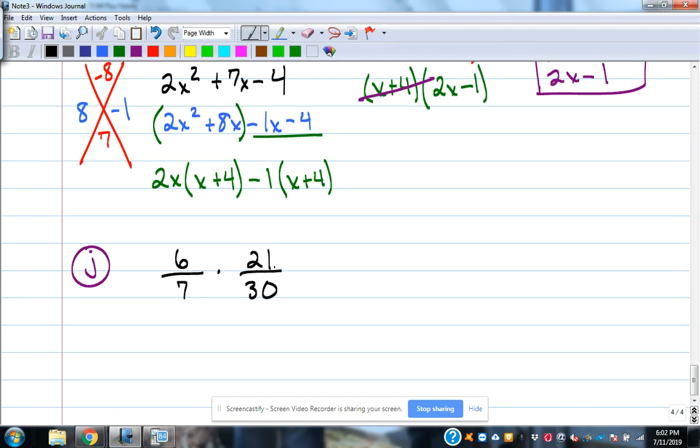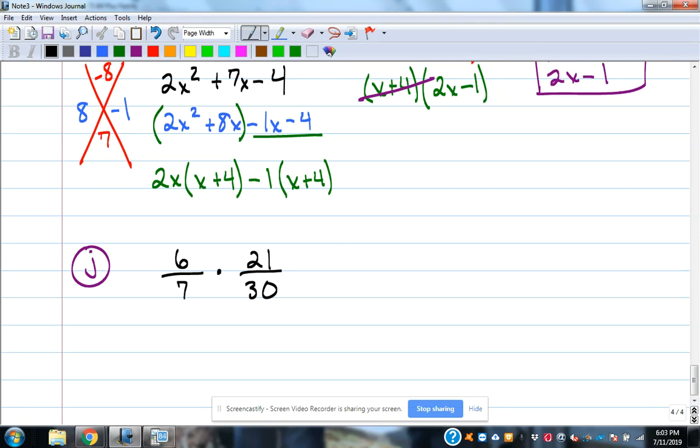There were several ways that they taught us how to do this in elementary school. One of the ways was to just multiply straight across and say 6 times 21 and 7 times 30, and then simplify from there. And that worked, but it made us have to do really big numbers and start breaking those down. So they taught us this other way that was called cross-canceling.